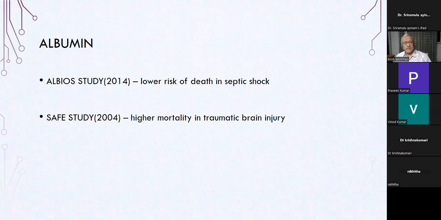If an examiner asks you, or even as a practitioner, you can say there is controversy about albumin use in shock, particularly in septic shock. You need to have both in mind. If you find that you're unable to maintain hemodynamic stability with crystalloids, you can use albumin, but that can be very expensive.